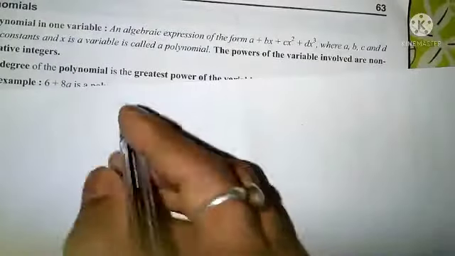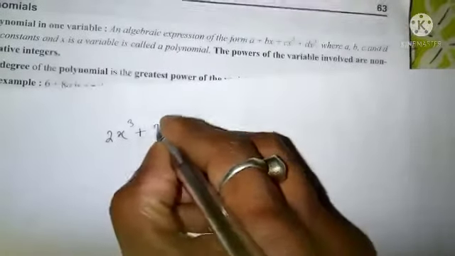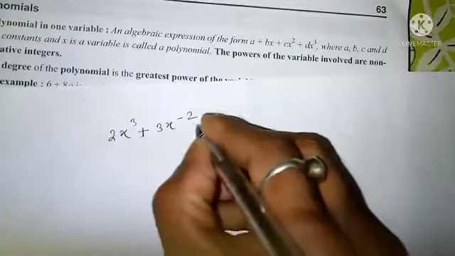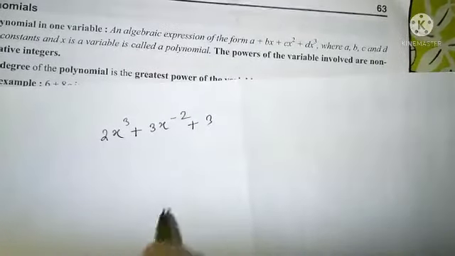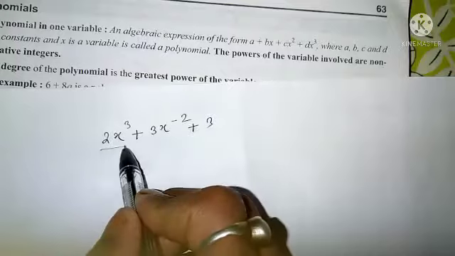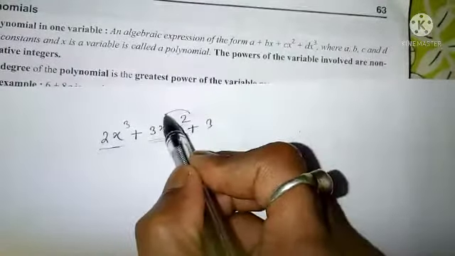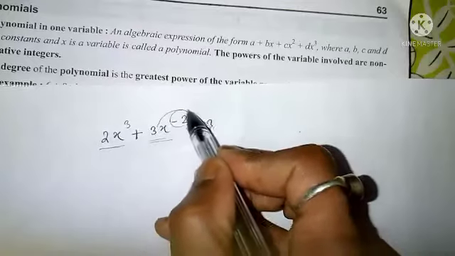if I write an algebraic expression, for example 2x cube plus 3x to the power minus 2 plus 3, then see here, this is 2x cube, and this is 3x to the power minus 2. What is the power of x here? It is minus 2.